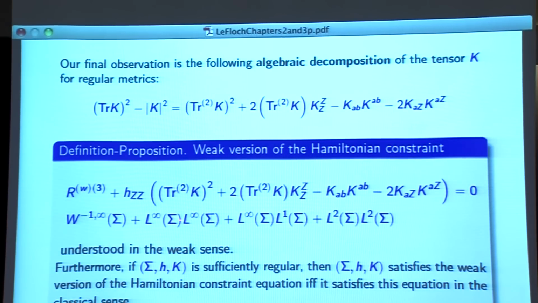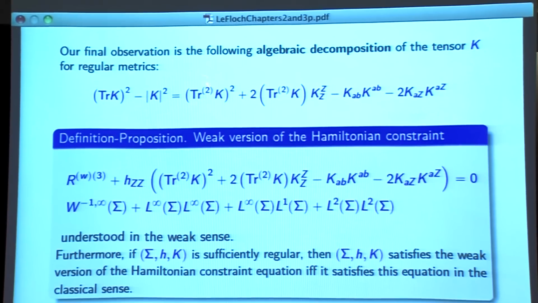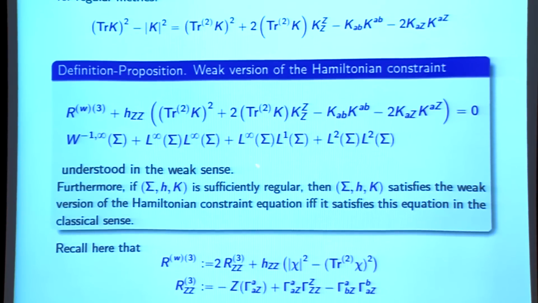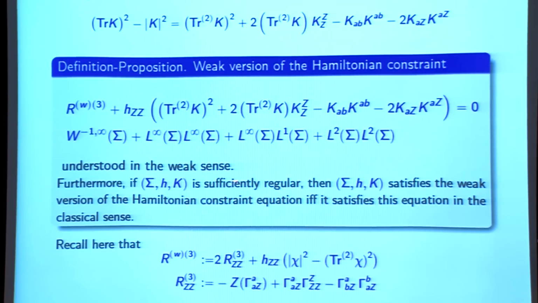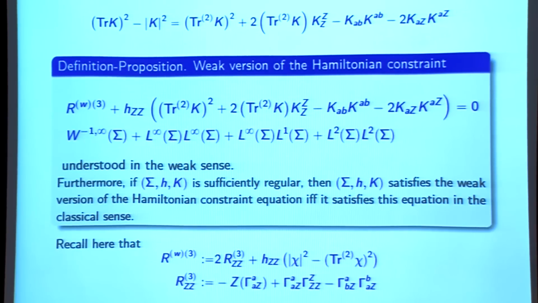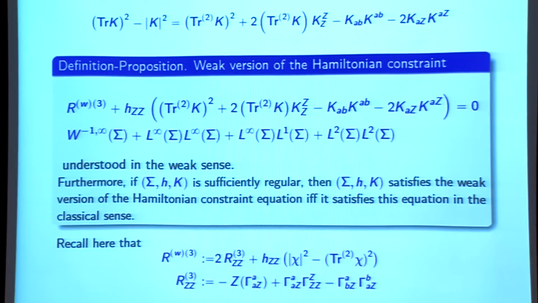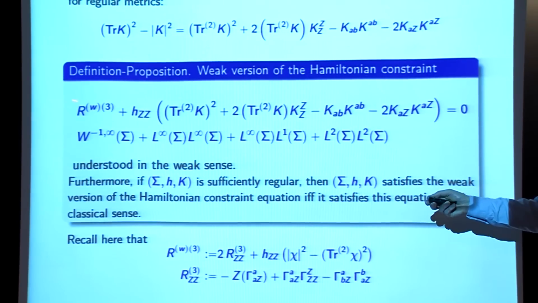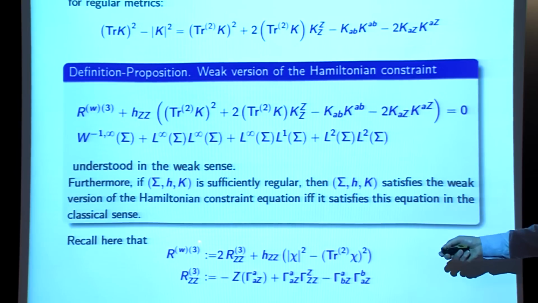As I said, it's L infinity square or L infinity L1 or L2 L2, but this left-hand side would not make sense. This is well defined as a distribution, and if you assume enough regularity, you of course recover what you knew before. Okay? And if you want the whole formula, you have to plug this definition of W3.